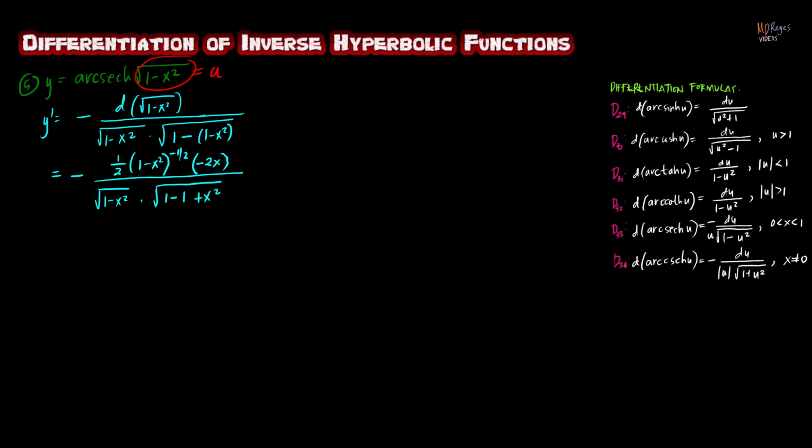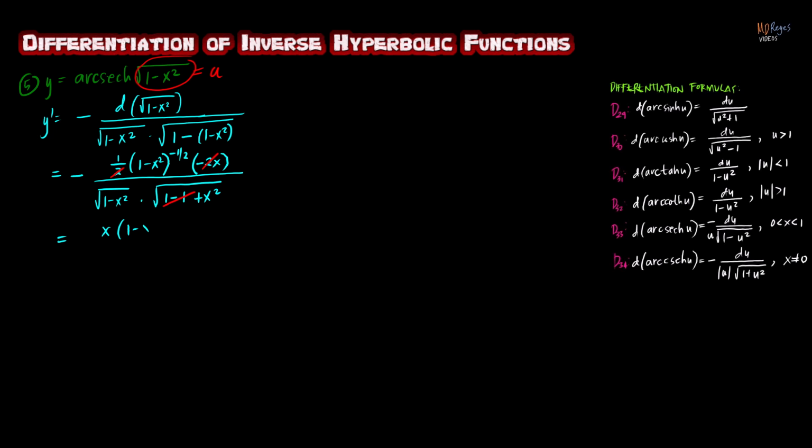So 1 minus 1 here is 0, and we have the square root of x squared left. Simplifying the numerator, we'll have 2 over 2. And then we have two negative signs, so when we simplify the expression, y prime is now positive.